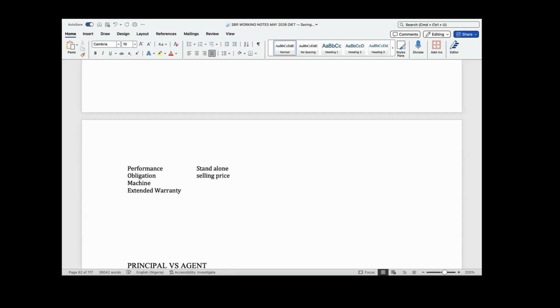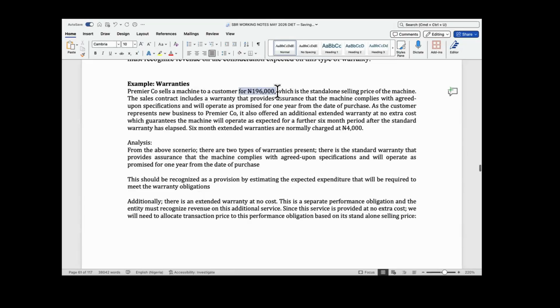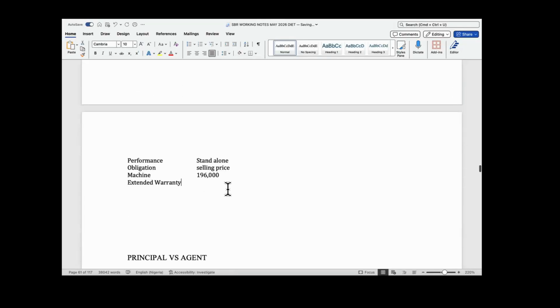The standalone selling price of the machine is 196,000, and the standalone selling price of this extended warranty is 4,000. So the total is 200,000.